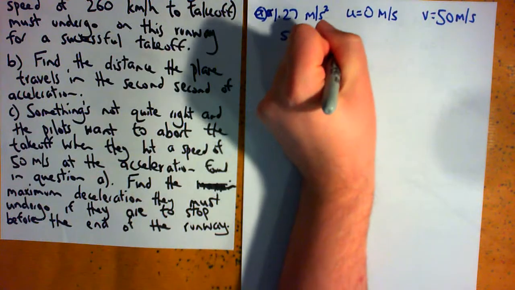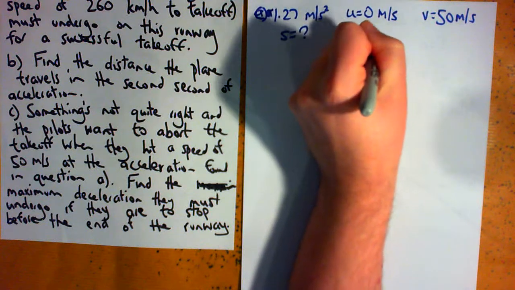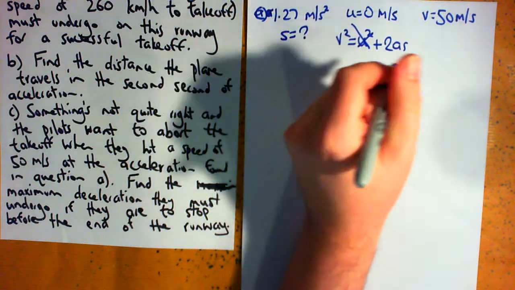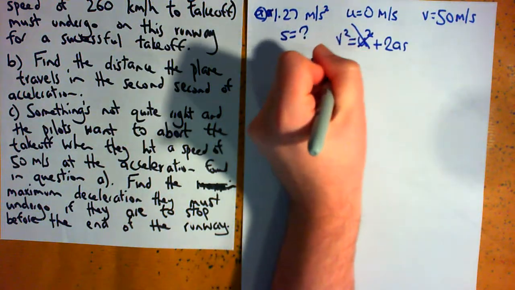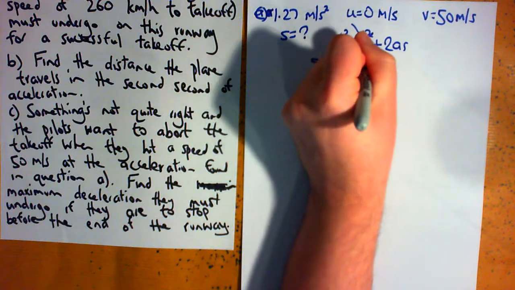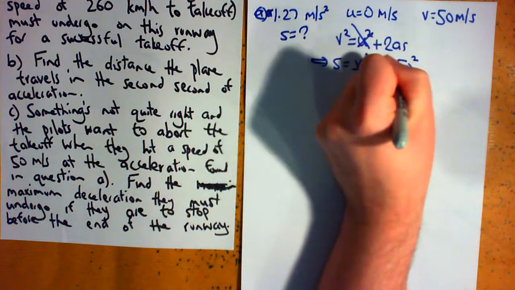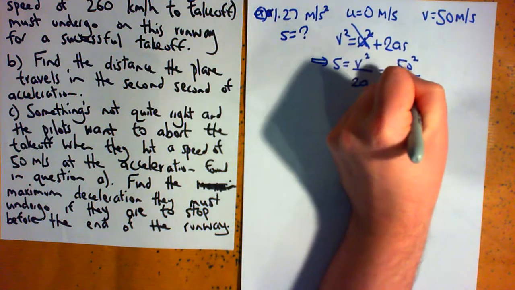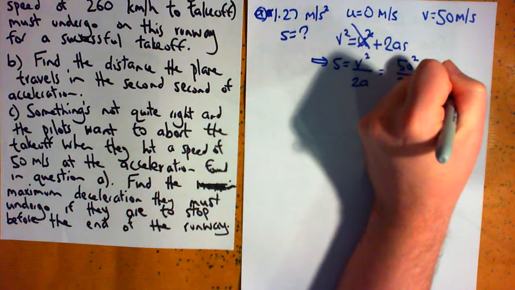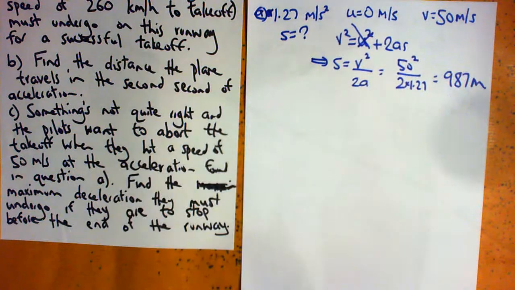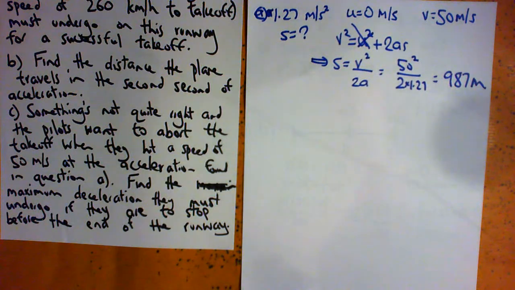Again, we're using v squared equals u squared plus 2as, and again u is 0. This time we're trying to find s, so we divide through by 2a. We get s equals v squared divided by 2a, so 50 squared divided by 2 times 1.27, and that gives an answer of 987 metres. So it uses up 987 metres out of 2,059 metres of runway.